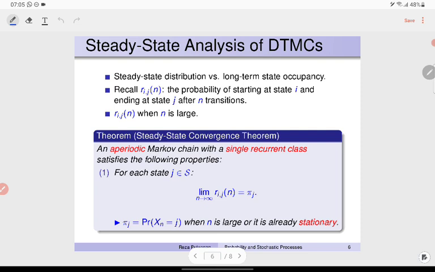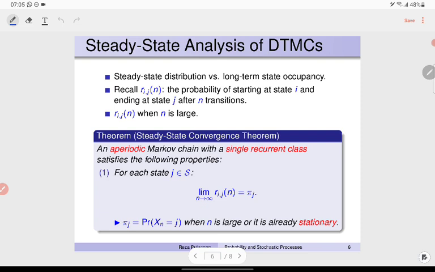This is actually the same. These two things are the same. The steady state analysis computes these two things at the same time. So this view is called the long-term state occupancy. So it's the steady state distribution, or you can also view it as a long-term state occupancy.